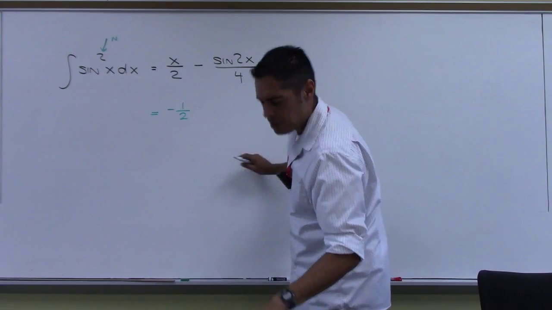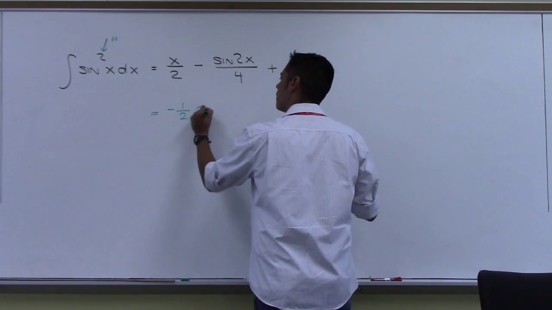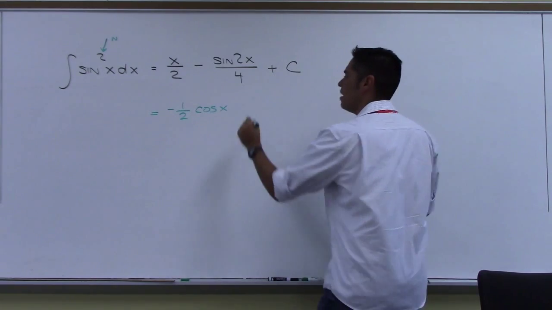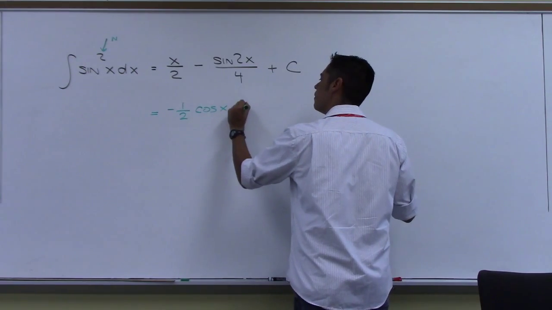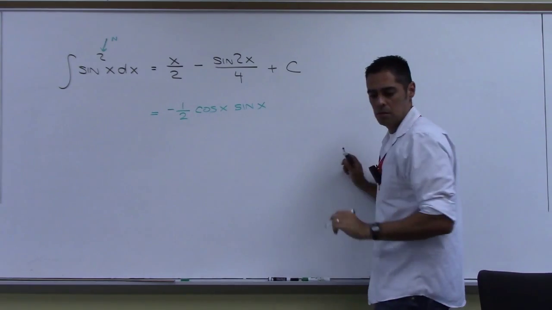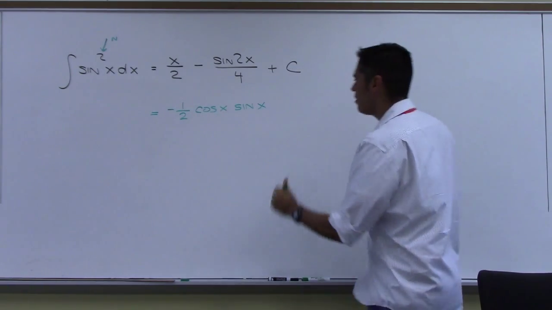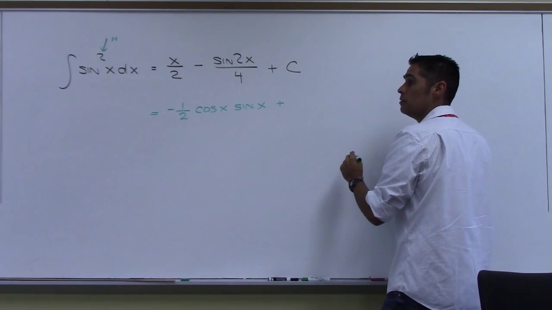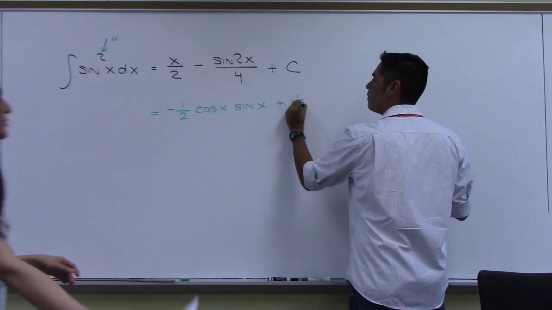And then the formula says cosine x sine to the n minus 1. So what would that be? Sine to the first power, plus n minus 1 over n.